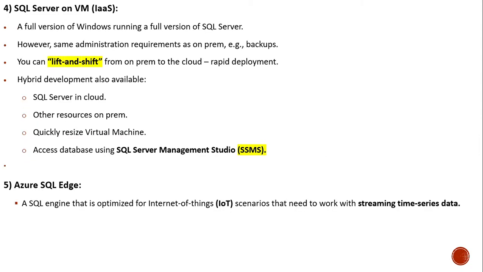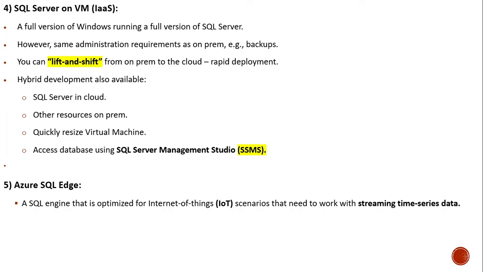The next that we have is SQL Server on a virtual machine. We will use a virtual machine and install SQL Server on it. You can also find a virtual machine having SQL Server pre-installed while creating a virtual machine. You can choose that option while creating it.